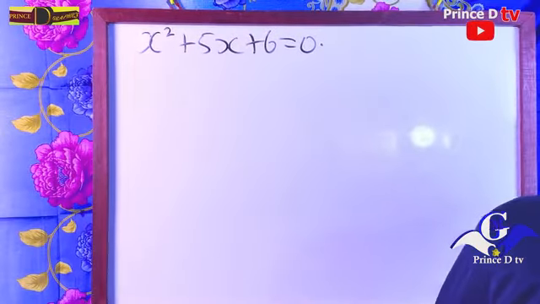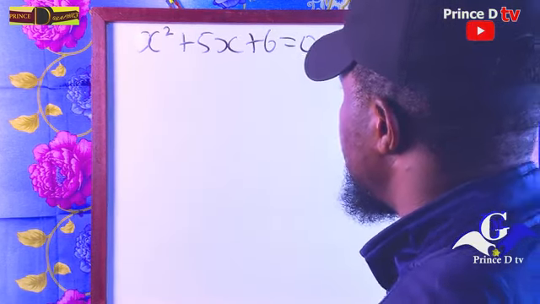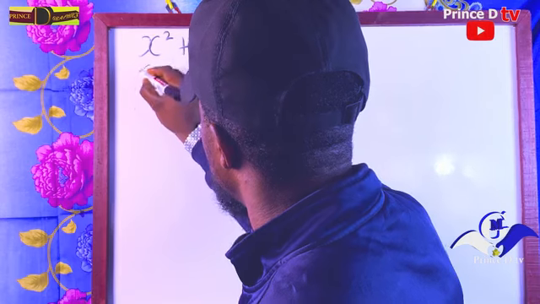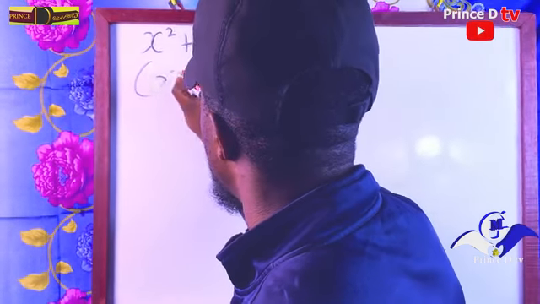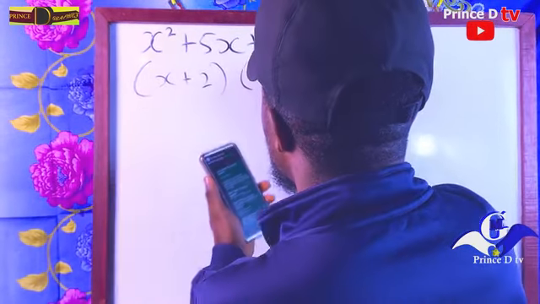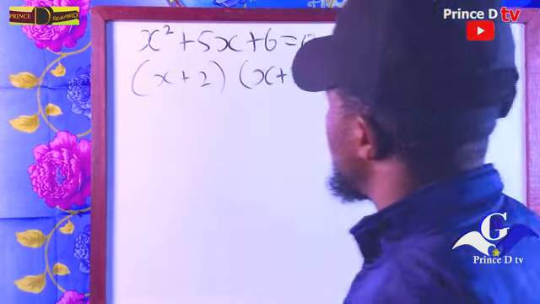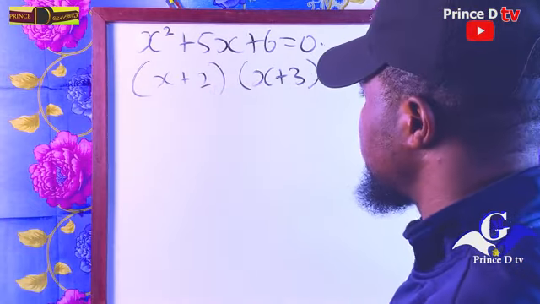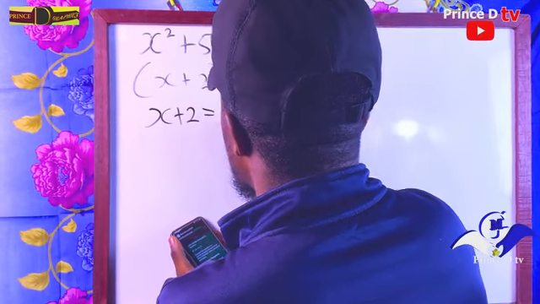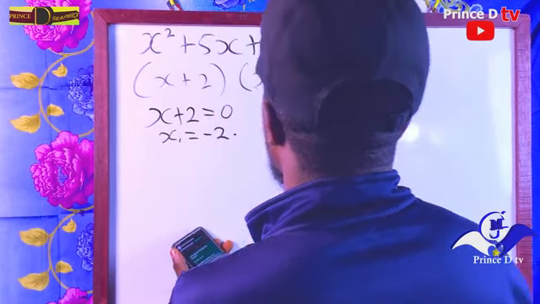The first thing for us to find is the x-intercepts, so let's factor the equation first. Factoring this equation, you will notice that we have (x + 2)(x + 3). So x + 2 equals 0, which gives us x1 equals negative 2.